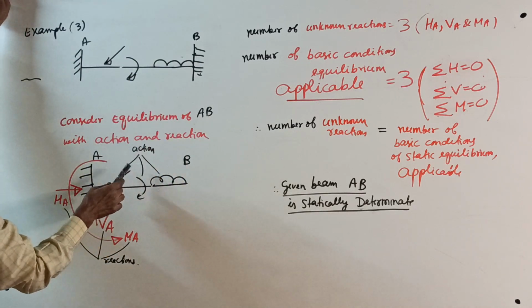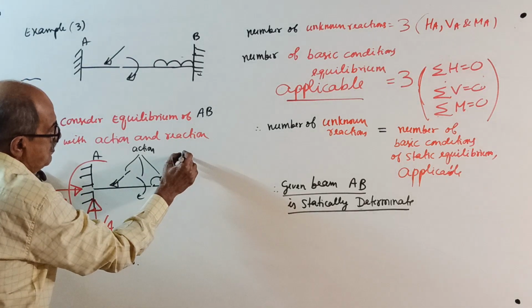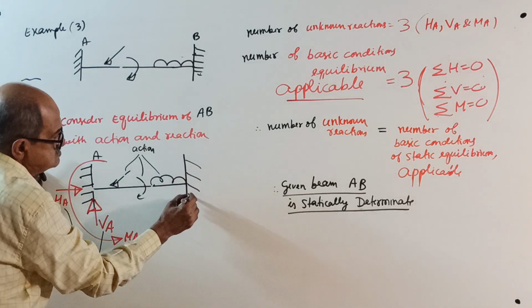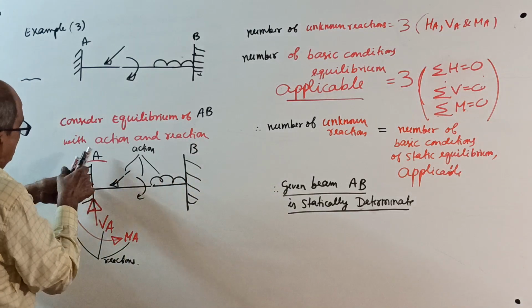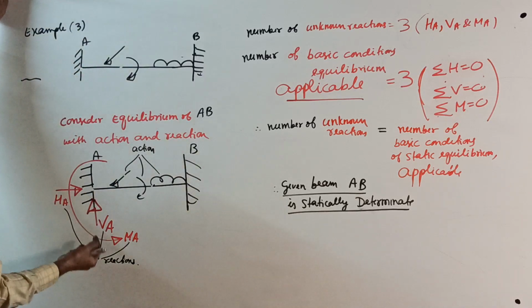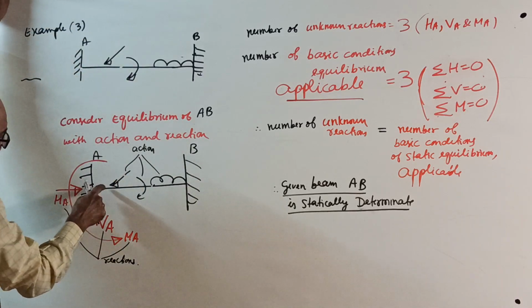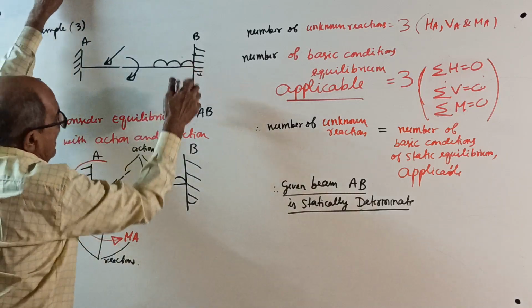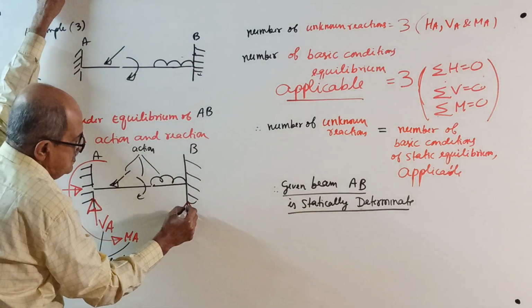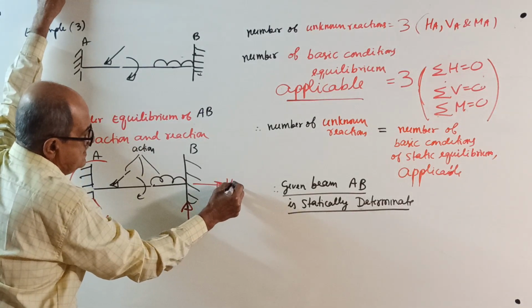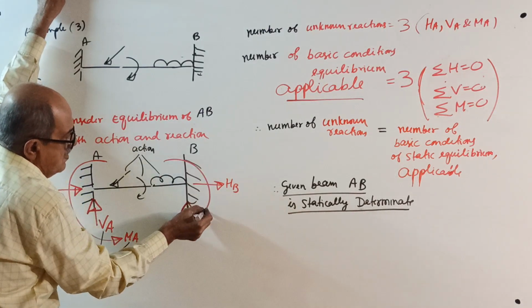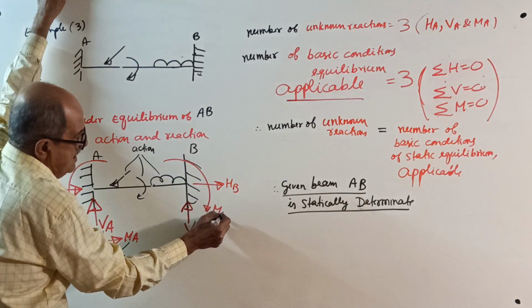This is the action, but now B is also a fixed support. Therefore, at A, fixed support: vertical reaction, horizontal reaction, reacting moment. At B also, vertical reaction VB, horizontal reaction HB, and reacting moment MB, which I know is clockwise.